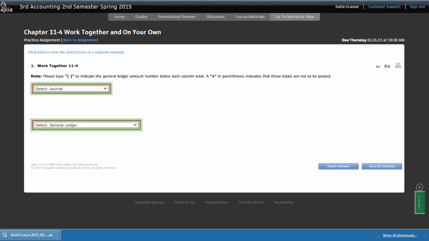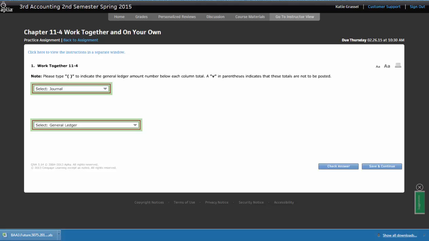Where are we going to post our totals to? General. Think about it. There is not going to be a total that I'm going to post into my accounts receivable ledger for Devin Preby, right? There's no column total that actually says Devin Preby on it. Would you agree? So all totals will always be posted to your general ledger.